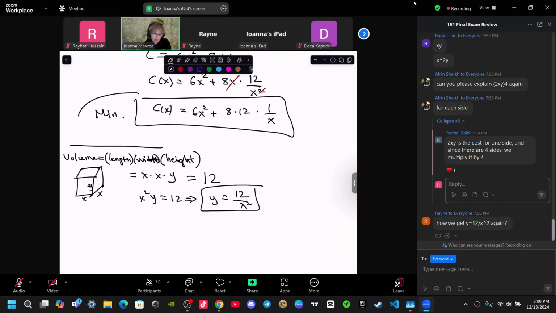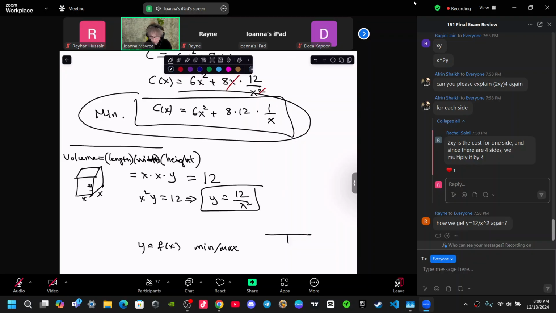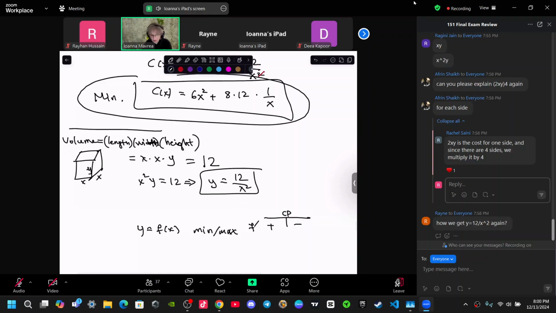Right, so I want to minimize. If you're given any function and they're saying find the minimum or the maximum, what do you do? You find a derivative, you find a critical point. So here's a critical point or 2 or 3, however many. And you say, okay, it's the derivative. Is this positive? Is this negative? If it's positive and then becomes negative, that goes up, that goes down.